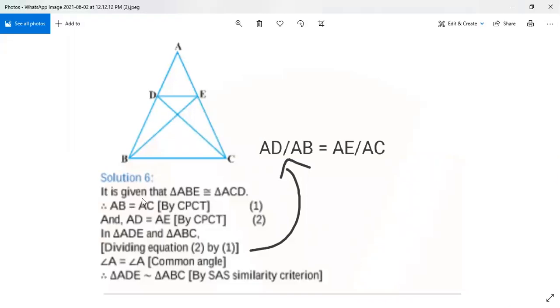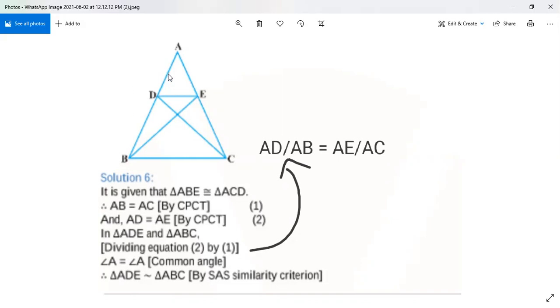So by CPCT, this is what we are quoting here. All right. Then in triangle ADE and ABC, अब जो हमें similar prove करने थे, we are coming back to those two triangles. Okay, ये तो जो हमें given थे, triangles are congruent, वहां से हमने ये true facts state कर दिए हैं. Now we'll get back to the triangles we had to focus on.